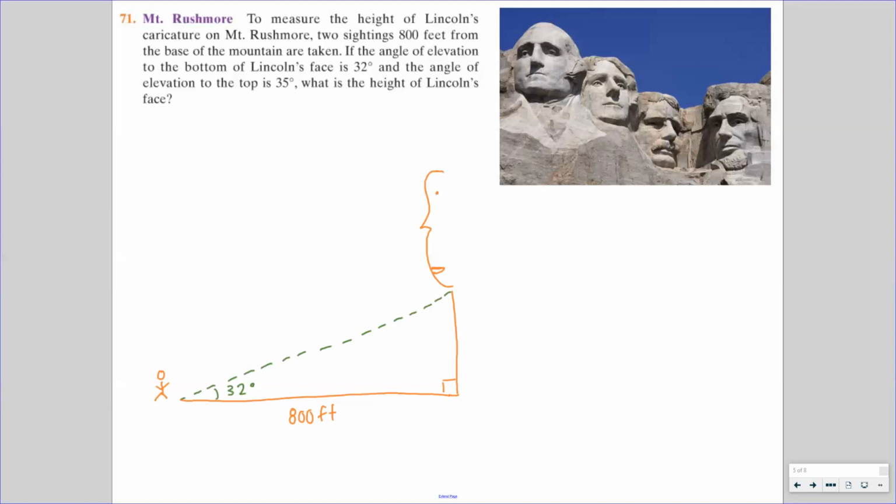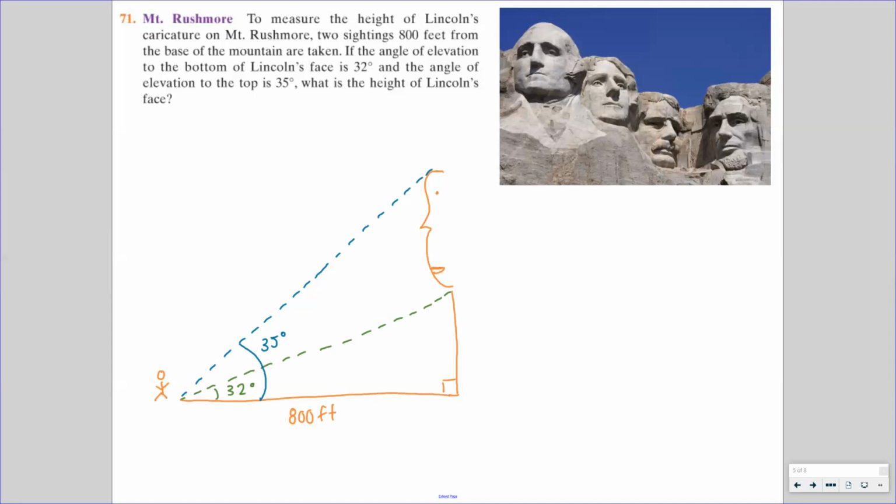And then we're also told the second measurement is the angle of elevation to the top of Lincoln's face. And that whole angle is 35 degrees. So be careful here. The 35 degrees is that entire angle from the ground moving up, right? From that horizontal ground going up. And we want to know what the height of Lincoln's face is here.